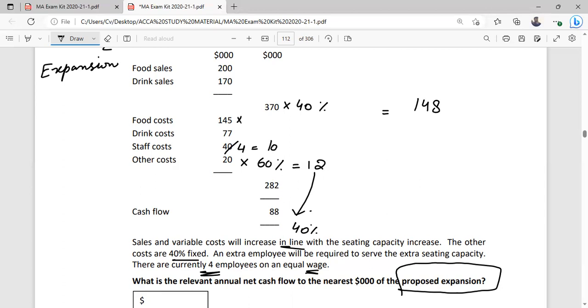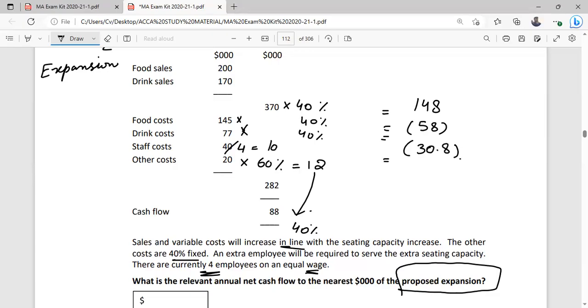Your food cost will rise by 40%. Your drink cost will rise by 40% in line with the seating capacity. So you can calculate 40% of 145, but it is a cash outflow. You can calculate 40% of drink cost. It is a cash outflow.